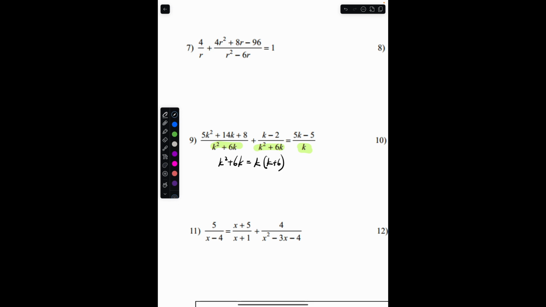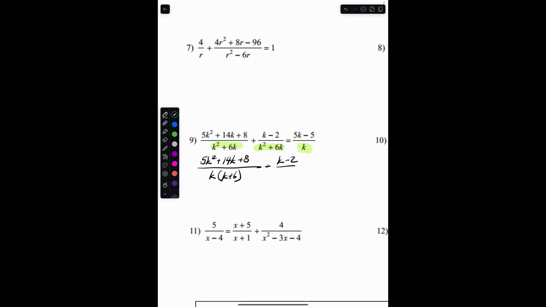In other words, I factored out a k. So I can rewrite this equation. You won't have to rewrite things every time, but I'm doing it now just because I'm bored. This is k times (k plus 6), the factored form of that first fraction's denominator.